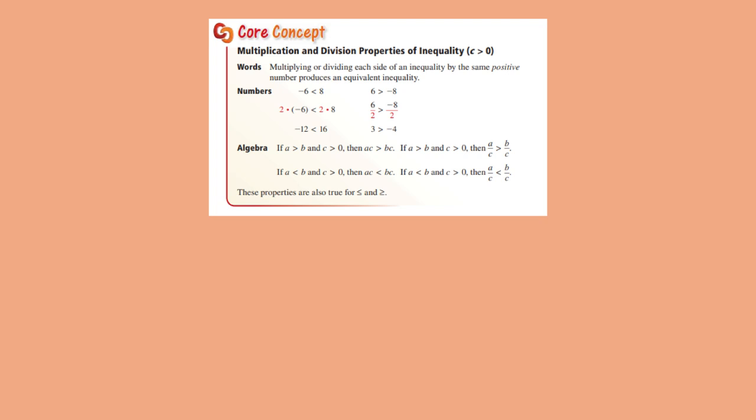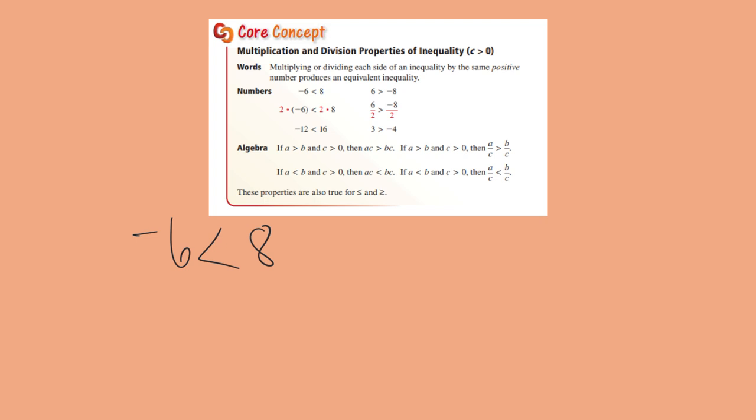Okay, so let's look at this example. We have -6 is less than 8. Multiplying or dividing each side of an inequality by the same positive number produces an equivalent inequality. So is -6 less than 8? If I was to multiply it with a positive number, just give me any number.